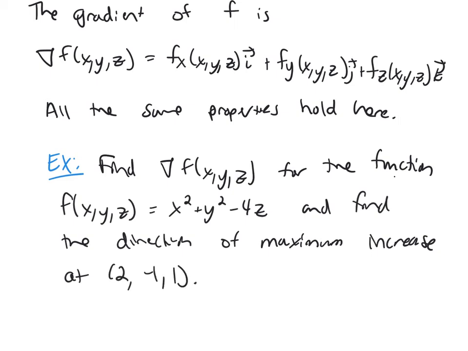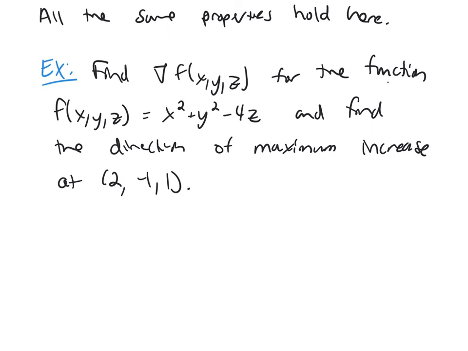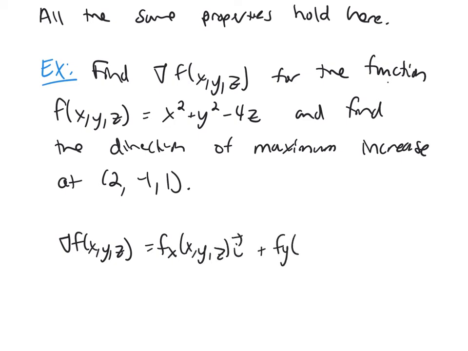So the first thing we're asked to do is find the gradient, so let's do that. Remember, our gradient is given by the partial derivative with respect to x, i, plus our partial derivative with respect to y, j, plus our partial derivative with respect to z, k.